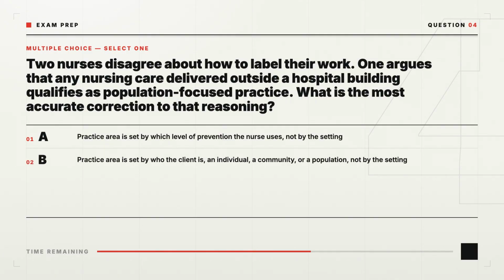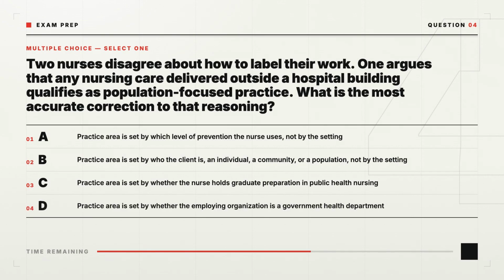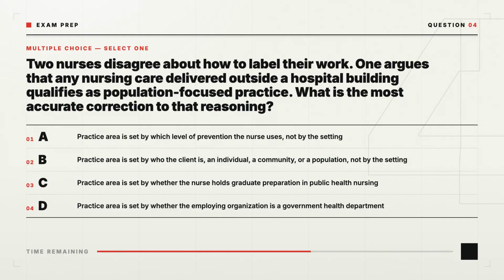B. Practice area is set by who the client is, an individual, a community, or a population, not by the setting. C. Practice area is set by whether the nurse holds graduate preparation in public health nursing. D. Practice area is set by whether the employing organization is a government health department. What's your answer? Commit to one before I continue.